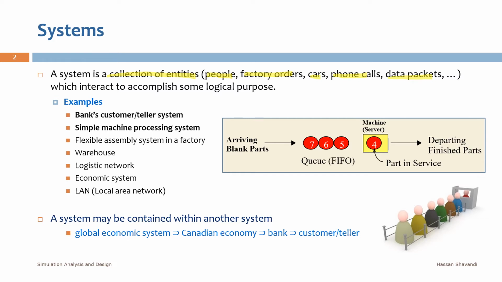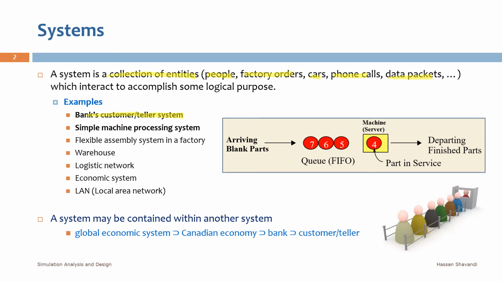In the bank's customer teller system, we have entities of type people, which are customers or clients, and the teller or the server. Customers will come to the bank with requests for some transactions, and they may line up.